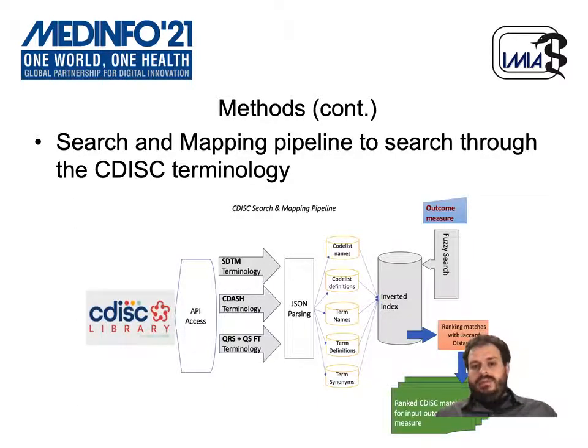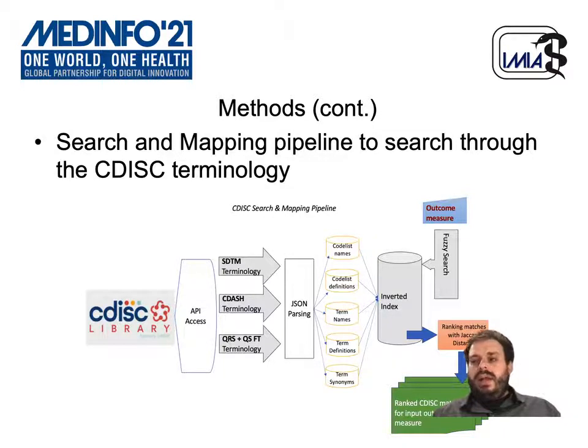Now, the way we're going to measure this is the search and mapping pipeline. So the CDISC terminology is available in a couple of different formats. The canonical form, the one that CDISC will say is the authoritative way to access the data, is through the API.